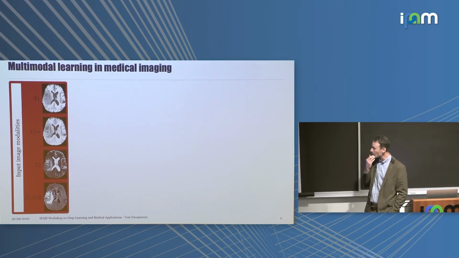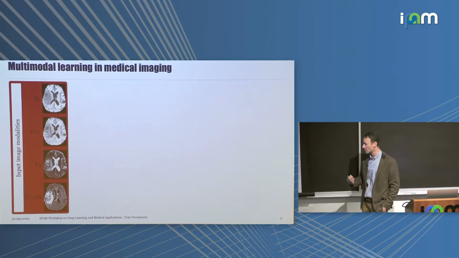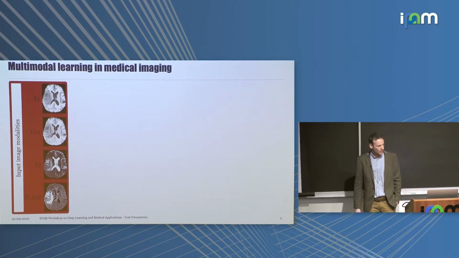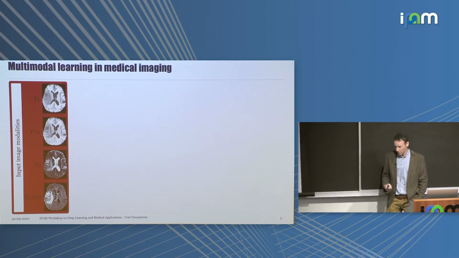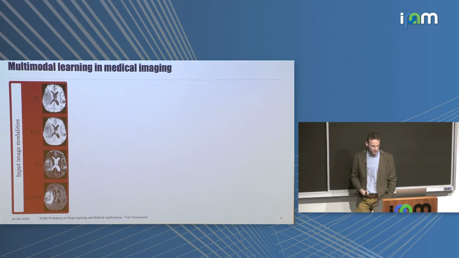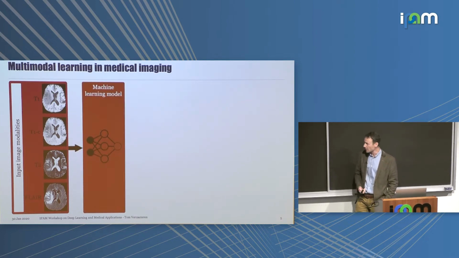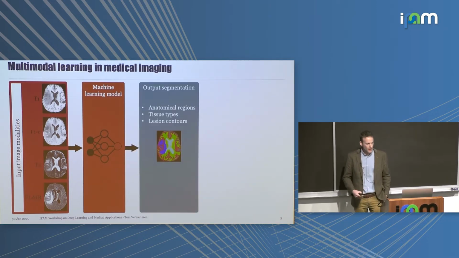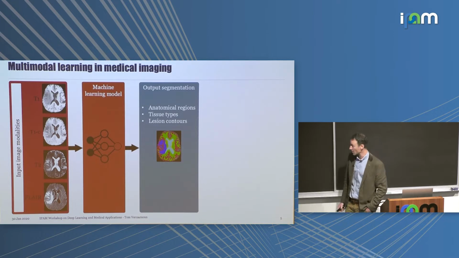One characteristic of this application, if you take it from a diagnostic perspective, is that you have a lot of imaging modalities available, and you want to make the best use of all the imaging you have to make your prediction. Typically nowadays, you would take your stack of images, feed that to a given machine learning model, and then learn some output segmentation.